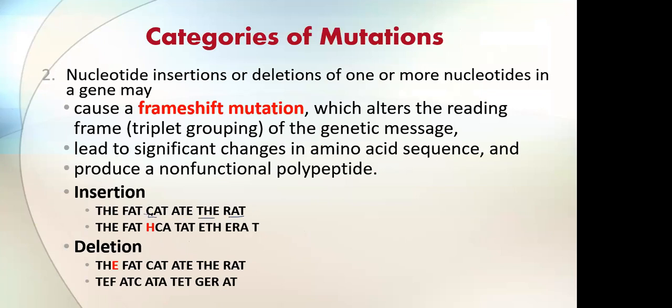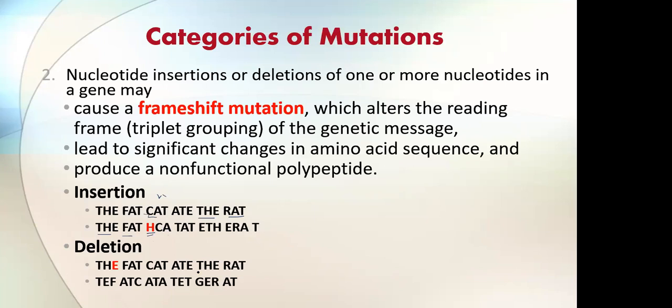Now over here, before C, an A got inserted, one new nucleotide base. Now the cell will start reading by 3, right? So the fat, then it will not make any sense. It will not represent any codon, and the cell cannot make any amino acids. That is called frame shift mutation, which alters the reading frame. The entire reading frame has been changed, and it will not make any sense to the cell.